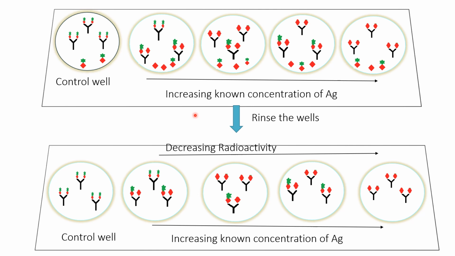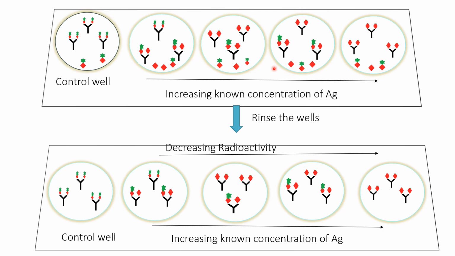Rinse the wells to remove unbound antigen. If we measure the radioactivity of this well, it will be maximum. Let us say 100%. This is our control well. Next, we will add the same fixed amount of radio-labeled antigen in the other wells too.